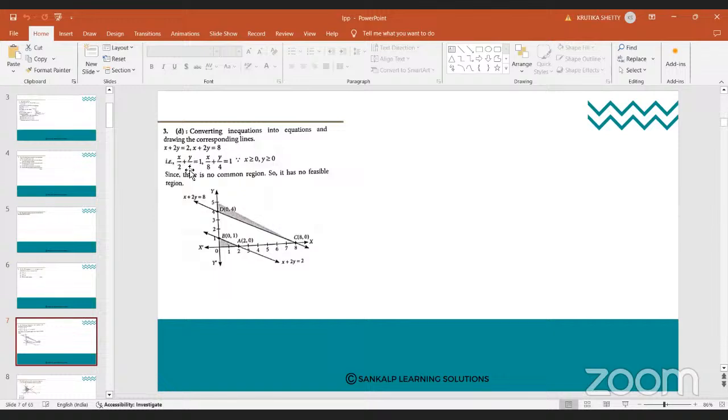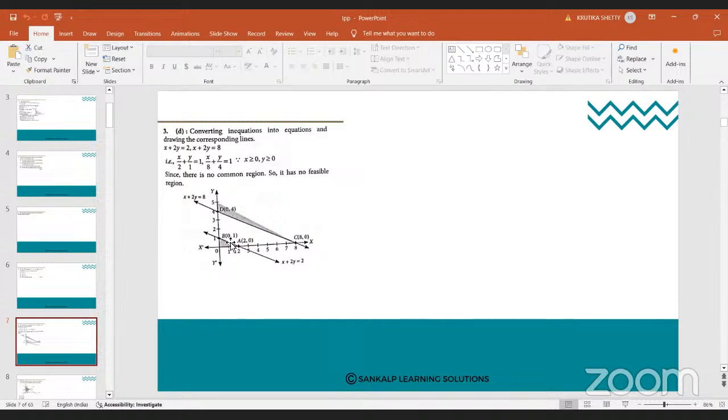You can see x by 2 plus y by 1 is equal to 1, and x by 8 plus y by 4 is equal to 1. This is the equation of the line x plus 2y is equal to 8, and another line is x plus 2y is equal to 2.